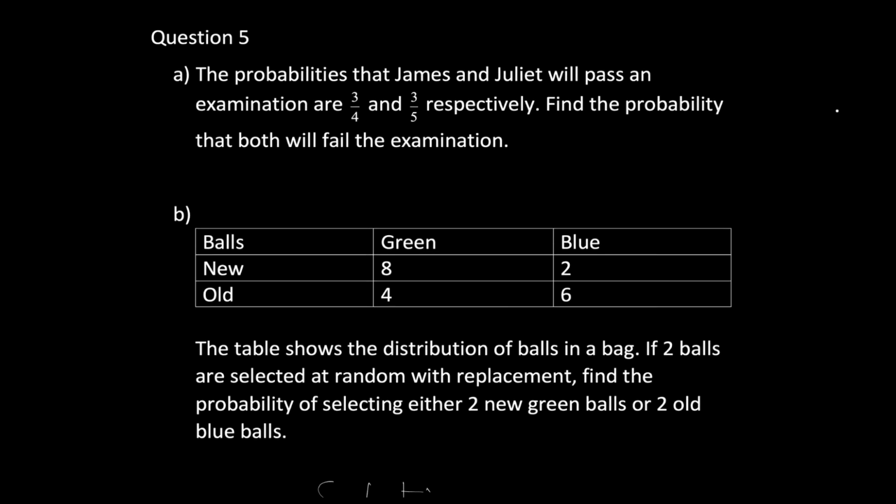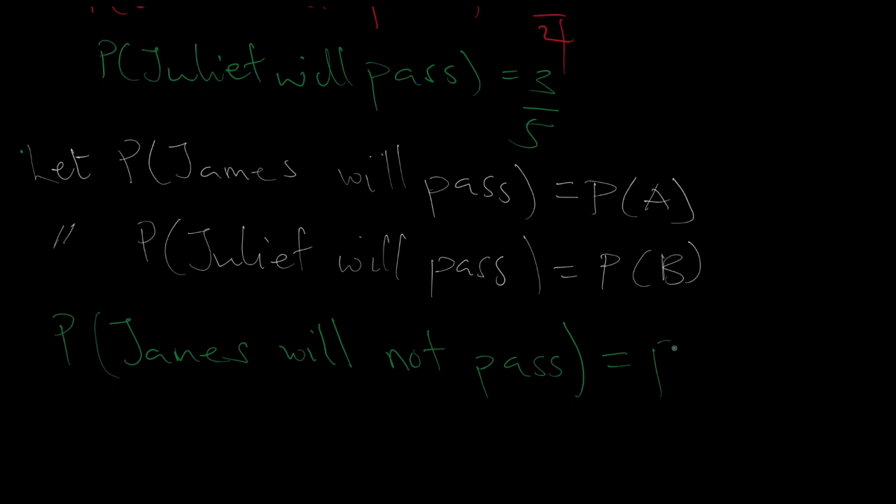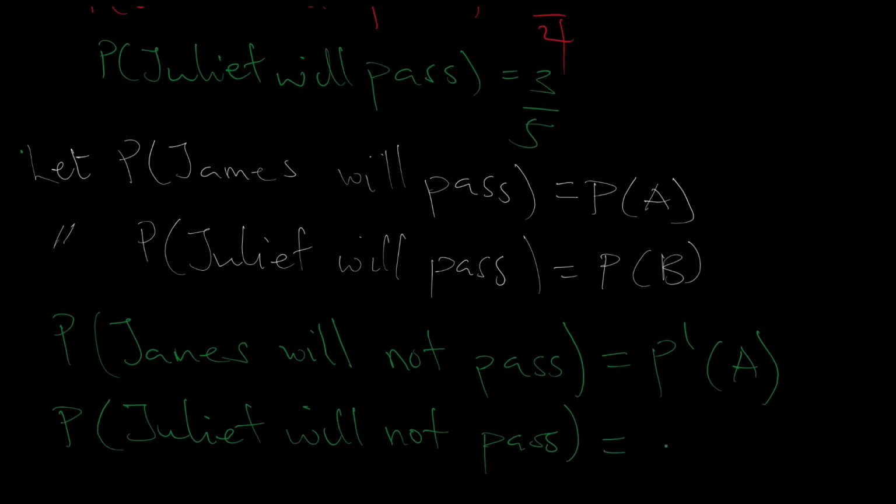Now we are looking for the probability that both will fail. So we need the probability that James will not pass, which should be P prime of A, and the probability that Juliet will not pass, which should be P prime of B. To find the probability that James will not pass, we subtract the probability that James will pass from 1.